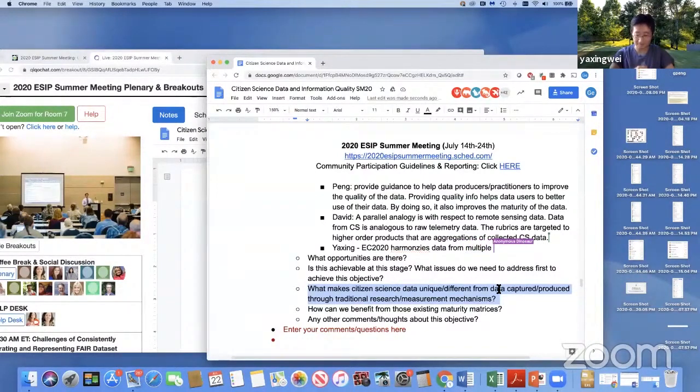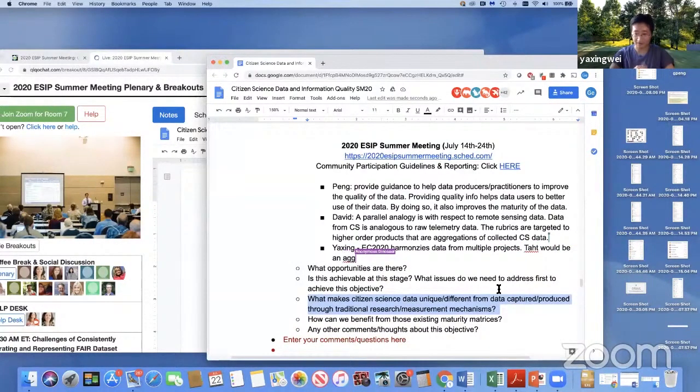In your opinion, do you think quality levels surrounding these types of consolidated products, and a rubric to evaluate them, will be useful in the community, from the user's perspective as well as the data producer's perspective?